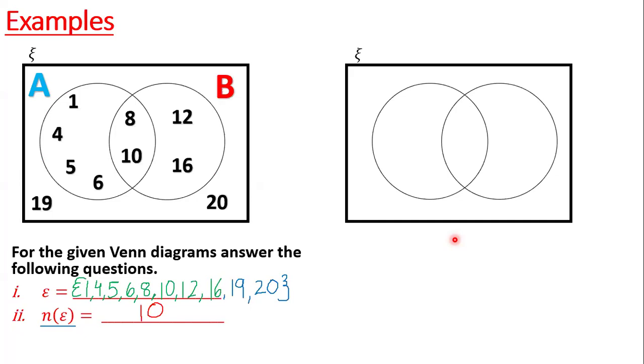How do we determine the elements in the universal set? Universal means like all, so you would use all of the elements. Very good. All of the elements in A and B and in the outside combined. So just make sure that you understand that.